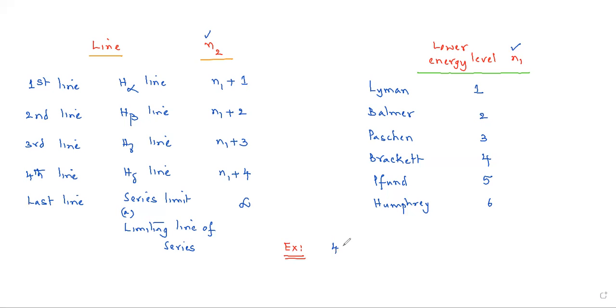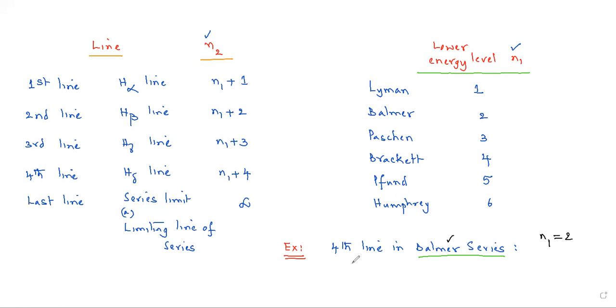Suppose you want the fourth line in, say, Balmer series. Whenever I say Balmer, I told you that N1 is fixed. What is N1? Yes, N1 is 2, because it is Balmer.